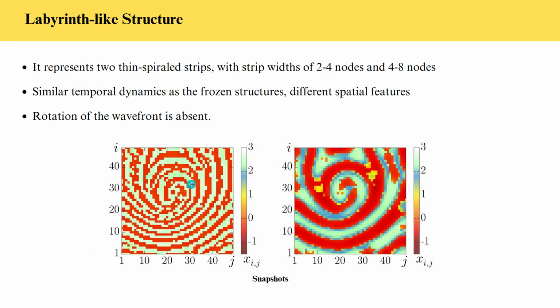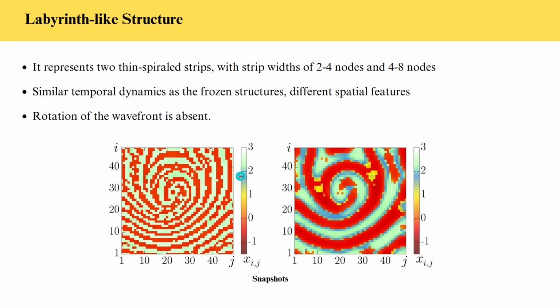The first one is the narrow strip, which consists of 2 to 4 nodes, and the other one is wider, approximately 4 to 8 nodes. Despite the similarity with spiral wave patterns, we do not observe any rotation of wavefronts here.